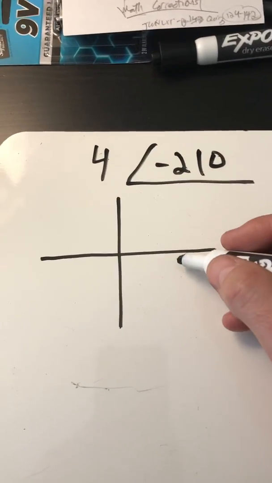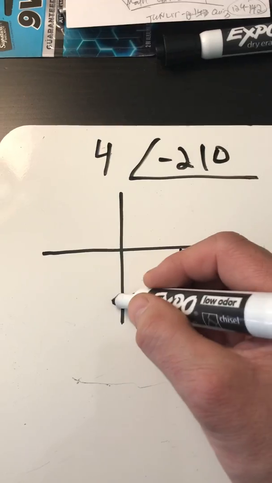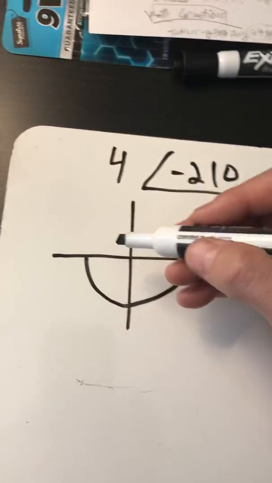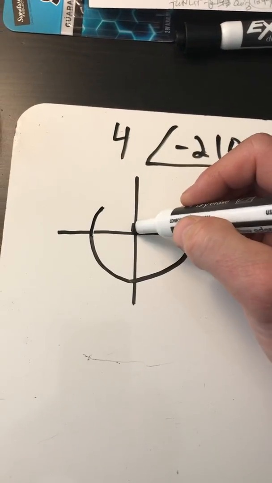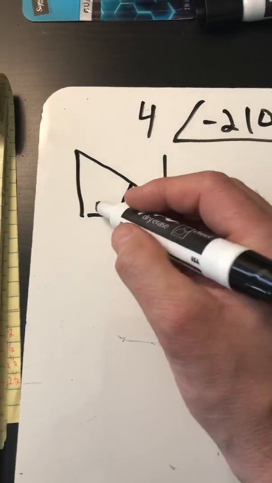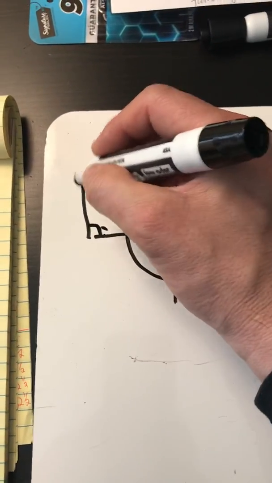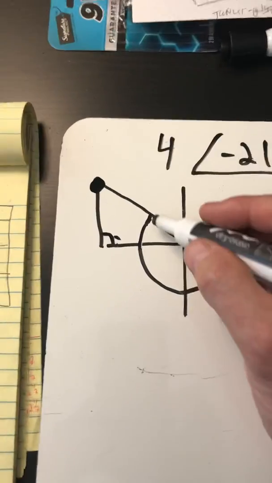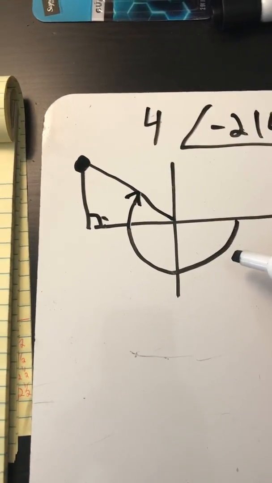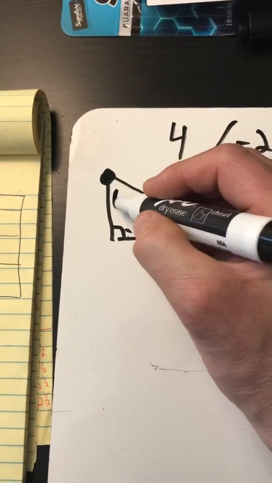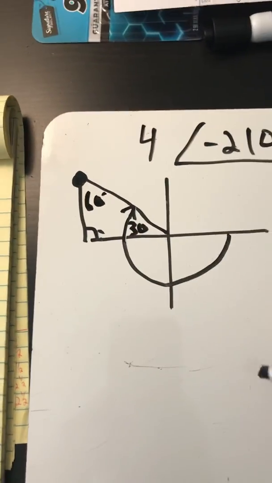Now 210 degrees going this way, that means 90, 180, and it's going to be 30 more, which means this is the triangle I'm looking for. I'm looking for this point right here. That's negative 210, which means that inside of here is 30 and inside of here is 60.